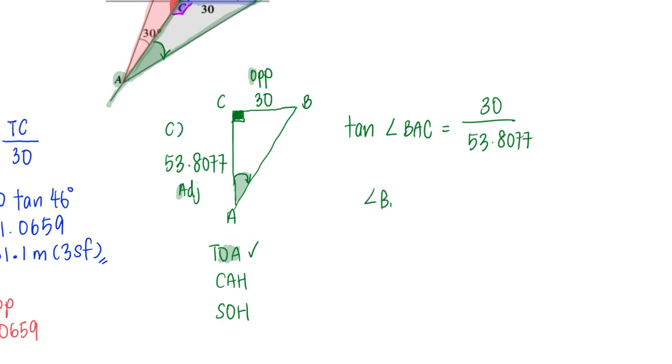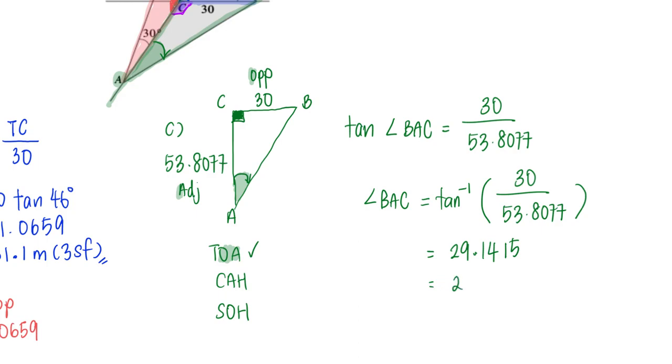So my angle BAC will be equal to the tangent inverse of this particular fraction. And this will give me 29.1415, 29.1 degrees to 1 decimal place. And this happens to be my bearing.